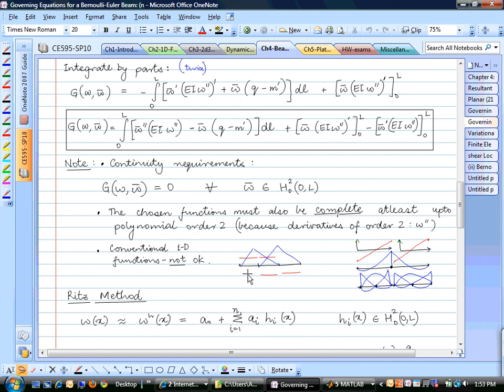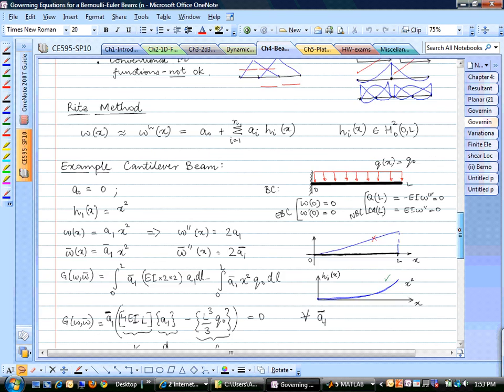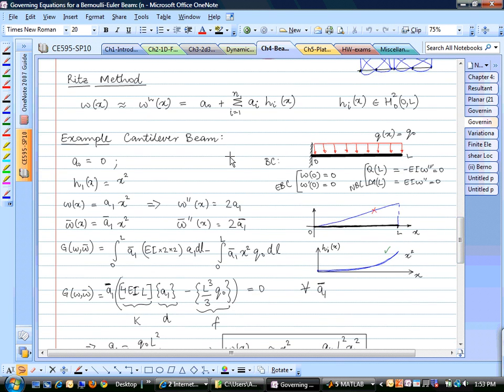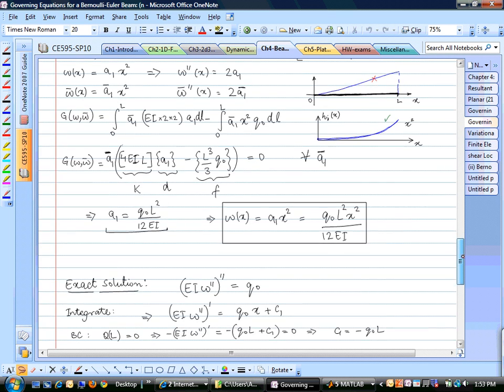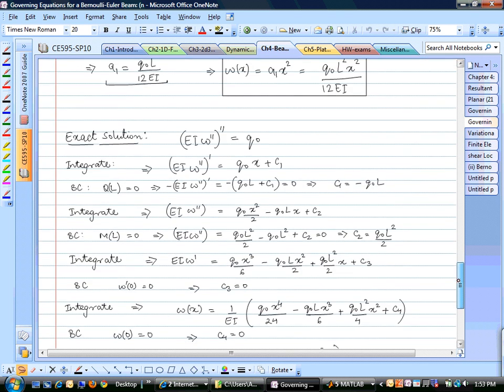So the same shape functions that we were able to use for the one-dimensional problem with the H1 space, now you cannot use those. So another example for the cantilever beam, in this case, we saw that, and I think this is something that you did in class.